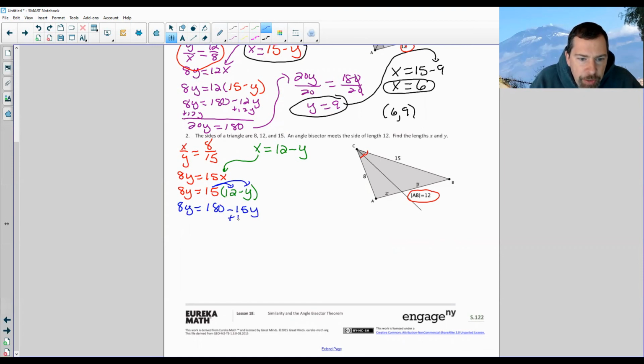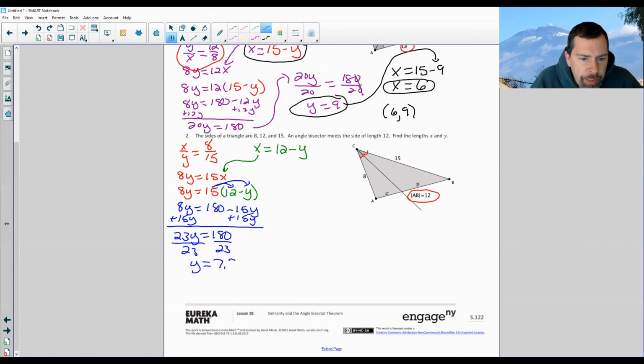When I add 15y to both sides, we're solving for y, I get 23y equals 180. Divide by 23, and y equals, let's save some time here, 180 divided by 23, and we get 7.82.